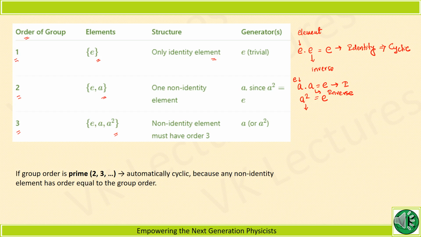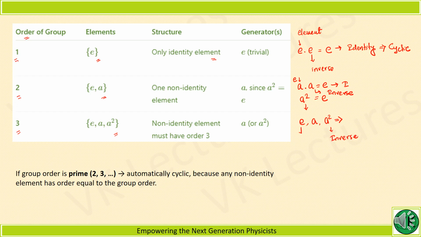Now in the case of order 3, you have e, a and a square. e is the identity element, a is the element, a square is the inverse.